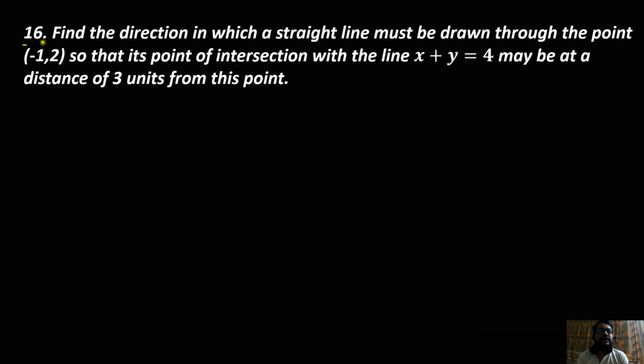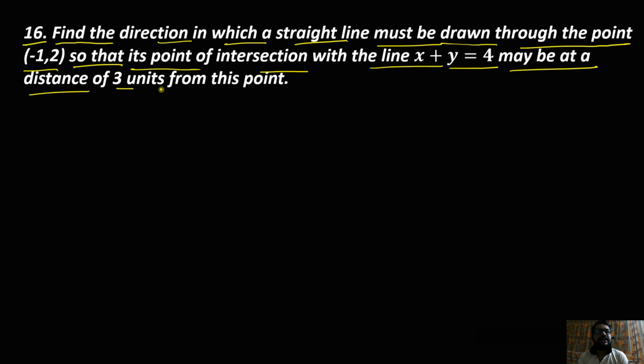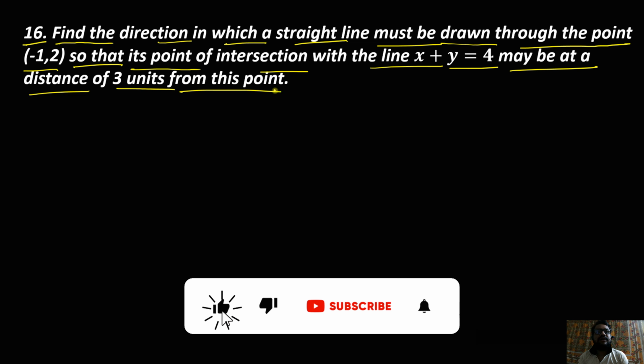Problem number 16 says: find the direction in which a straight line must be drawn through the point -1, 2 so that its point of intersection with the line x plus y equal to 4 may be at a distance of 3 units from this point.